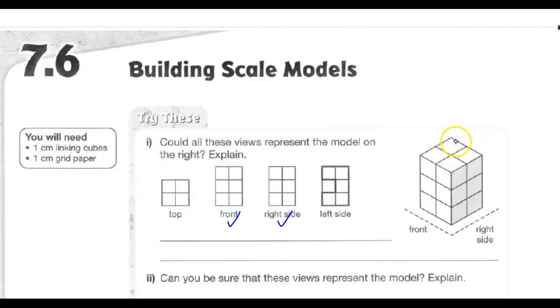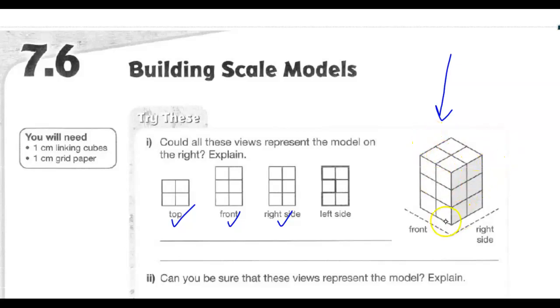On the top, so you're looking down from above, it's 2 by 2, all level. And then notice on the left side here, it is 6, but these outside, this kind of U shape, is closer. So that's kind of like saying there's a block taken out. So it would be sort of level with this block behind. And so that could very well be, because we can't see that left side view.